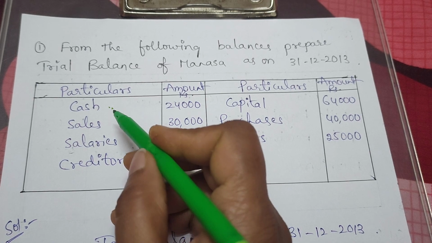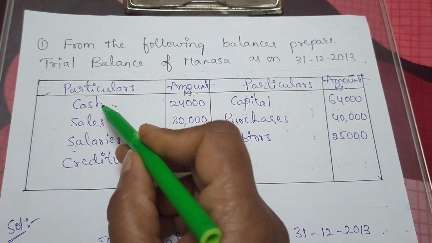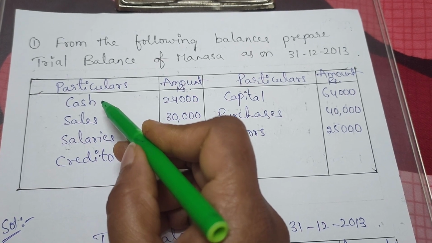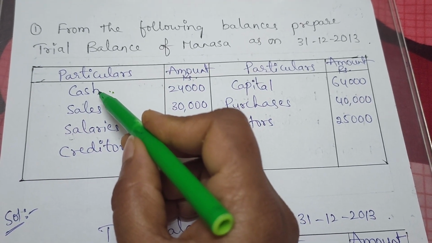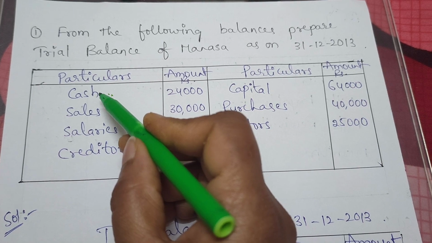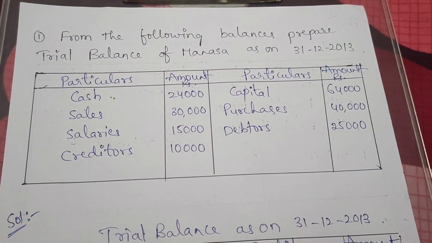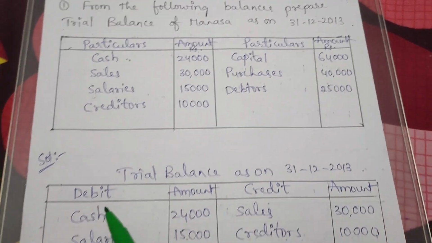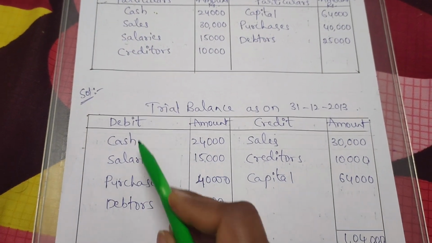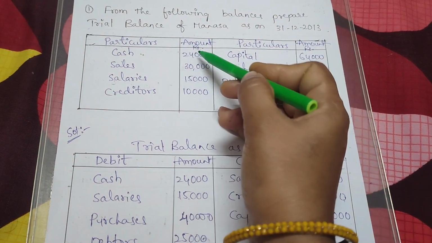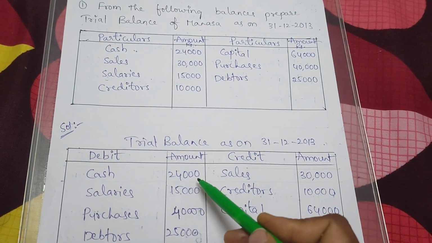These all should be debited. Cash, cash in hand, cash balance, these all are assets. Since cash is an asset, we have to debit it. So I recorded it under debit. Cash 24,000. So this 24,000 I recorded here.